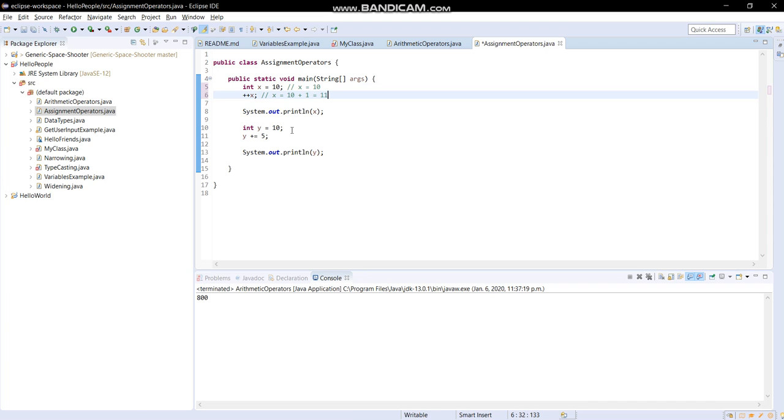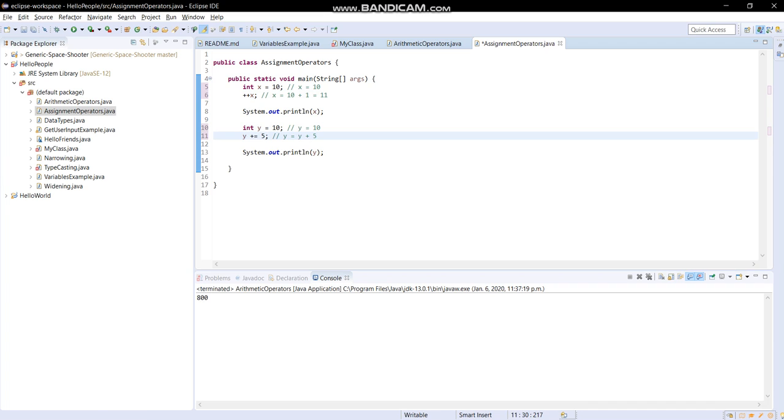And then down here, for y, we have y equals 10 on this line. This one is y equals y plus 5. So again, this would be y equals y plus 5.